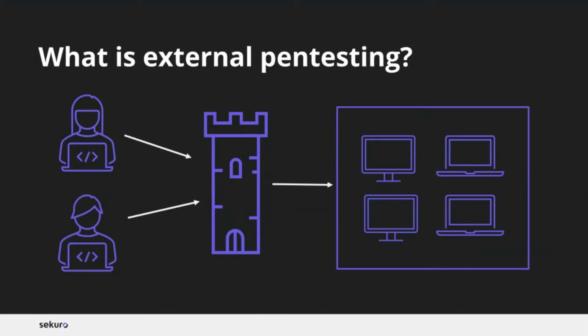And you can see this at a high level in the diagram here. If we think about that traditional castle approach to security of securing the perimeter, we can see some pen testers who are focusing on the external perspective, and they're trying to assess the services and the configuration of different systems that are behind that perimeter.